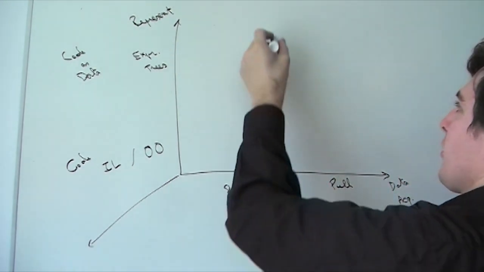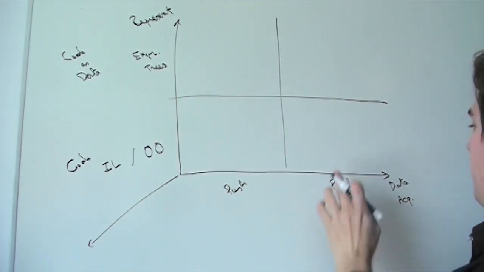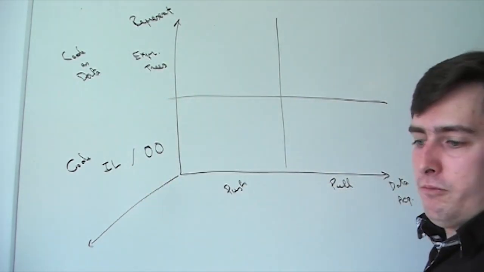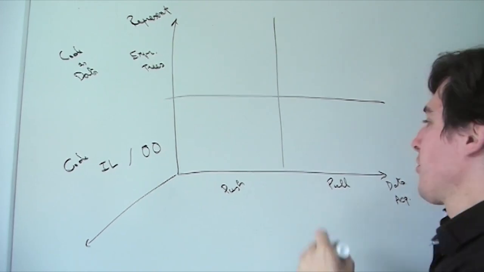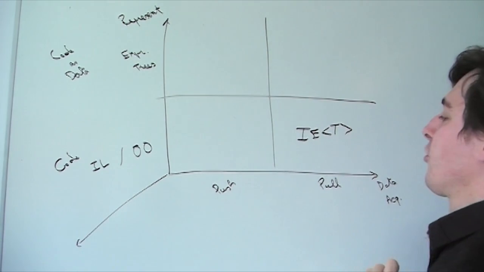So those are the four quadrants we have, and then we can fill in the interfaces. We know pull-based using code is linked to objects, so there we have IEnumerable of T, obviously.